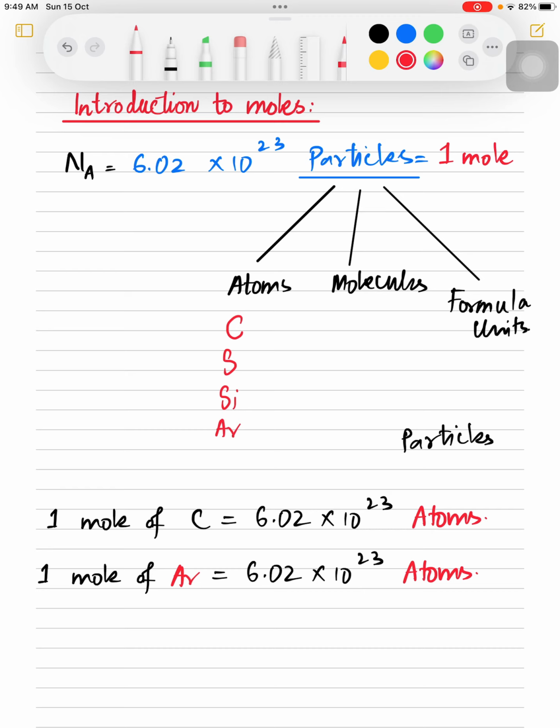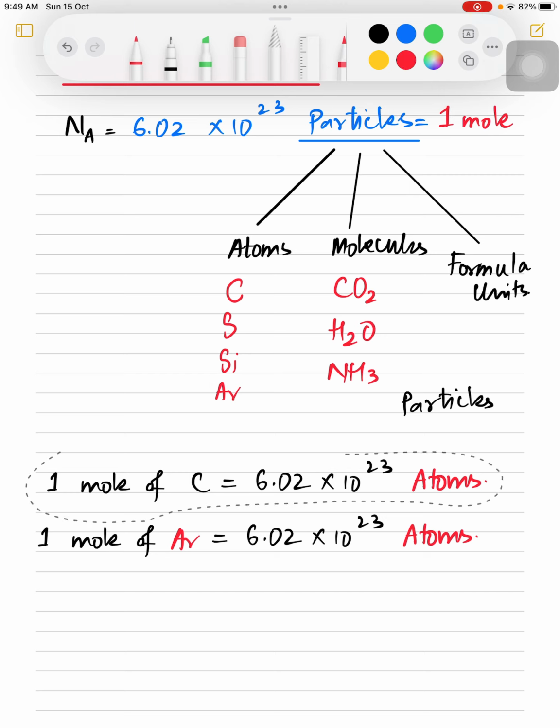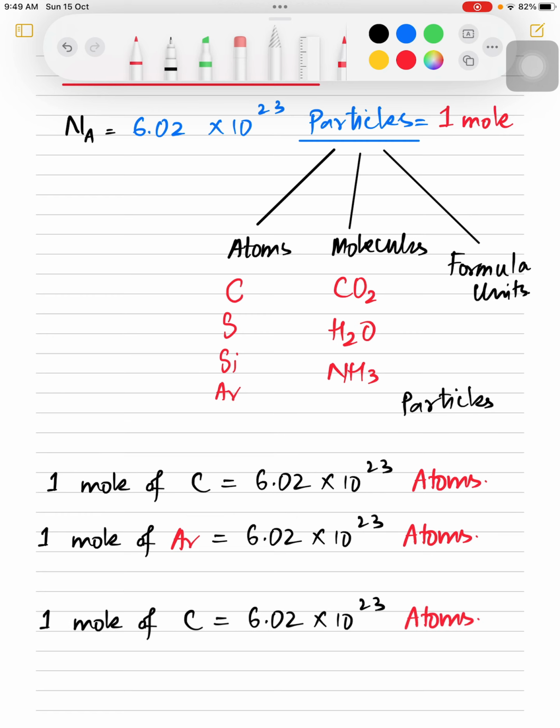So let's talk about the molecules. When we talk about the molecules, it could be like carbon dioxide, water, or ammonia. So we can say 1 mole of ammonia is equal to 6.02 exponent 23 molecules.